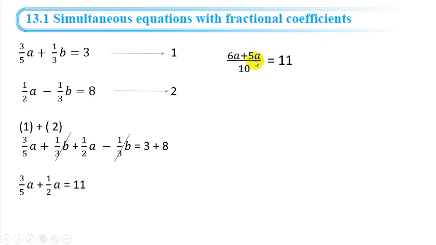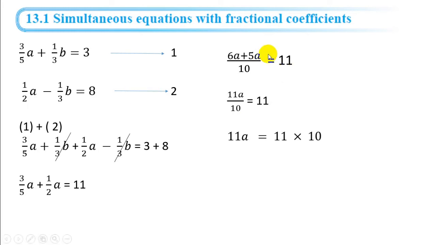Now the numerator comes as 11a over 10 equals 11. Now I need to make a the subject, so 10 is a divisor. When I shift it to the other side of the equation, it changes to multiplication. So 11a equals 11 multiplied by 10. No need to hurry on multiplying these values, because we can further simplify these numbers.